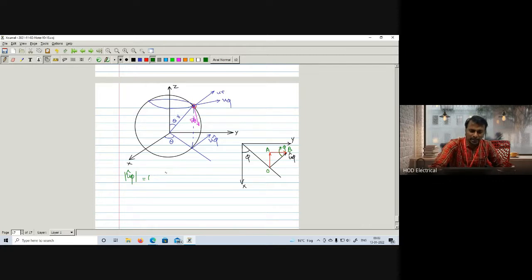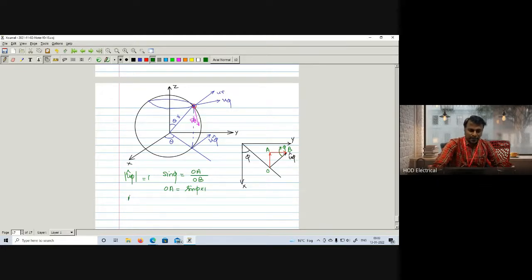We can write sine phi as OA divided by OB. So OA equals OB times sine phi, and we already know the unit vector along u phi has magnitude 1. Therefore, OA equals sine phi into 1.